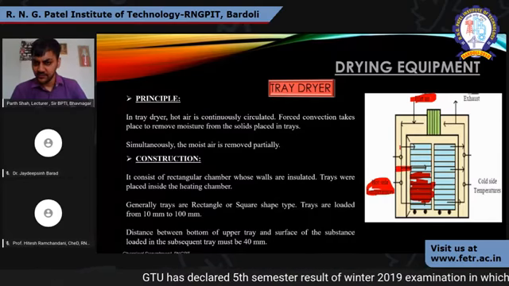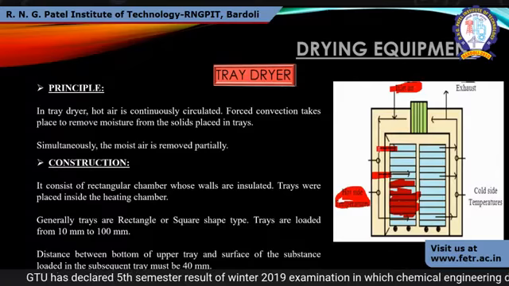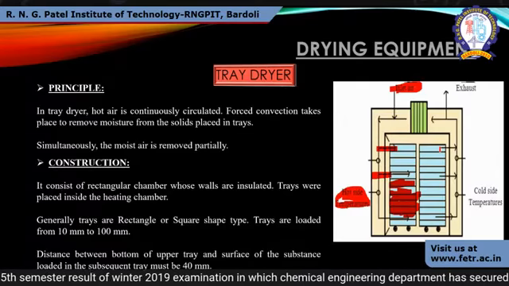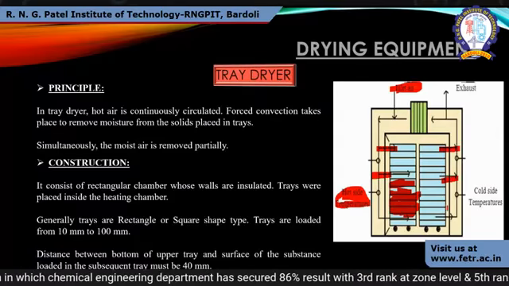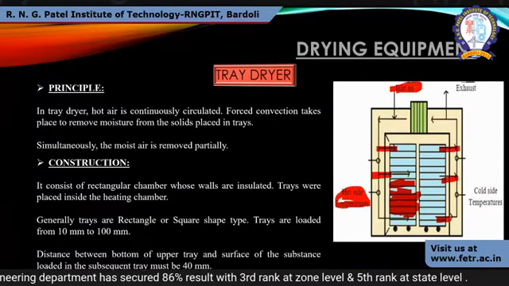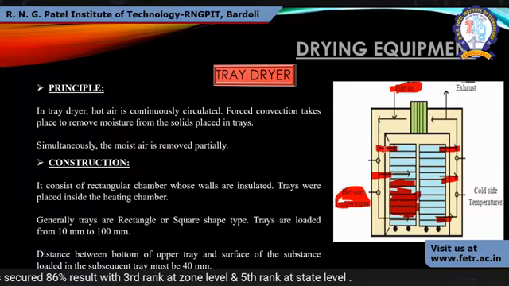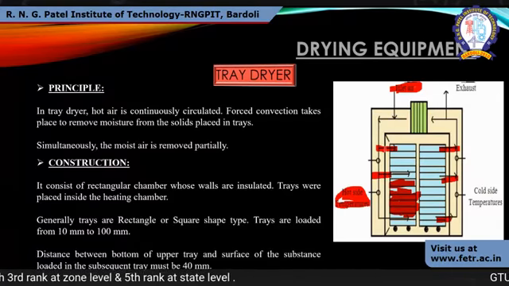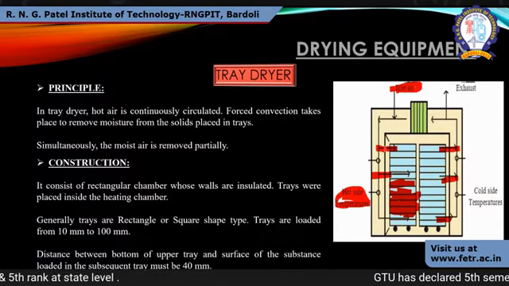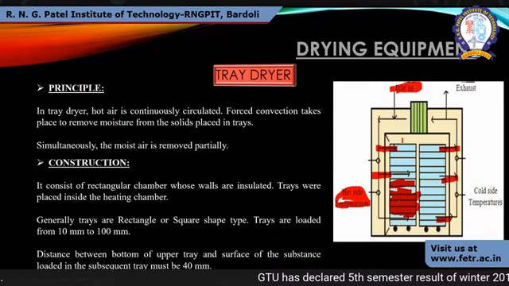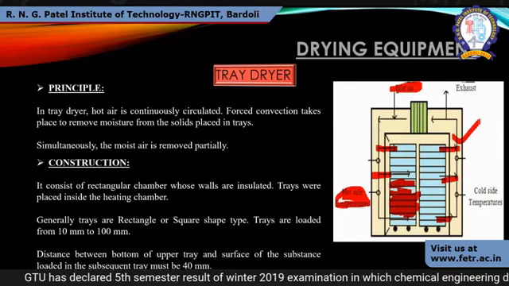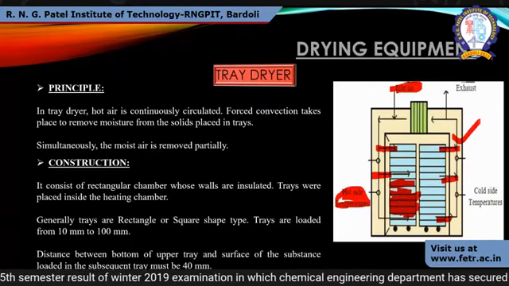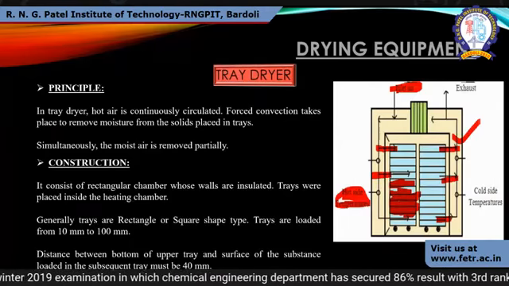For each tray, air comes from the left side and goes out from the right side. When air enters from the left side, it has very little moisture. But when air is taken out, it is in equilibrium condition, so it has a higher amount of moisture, right?